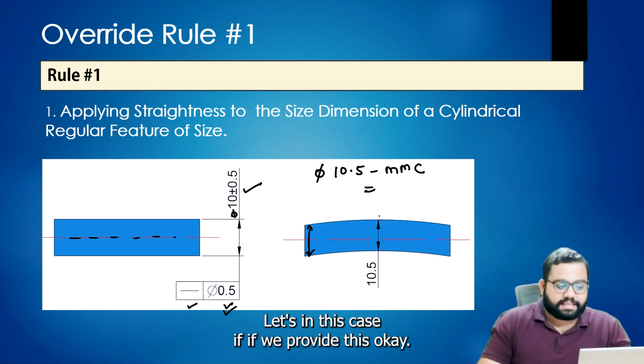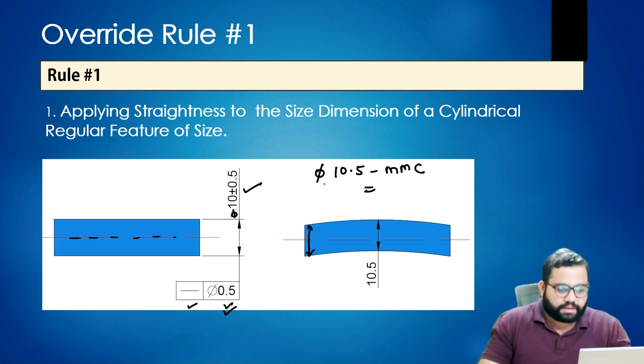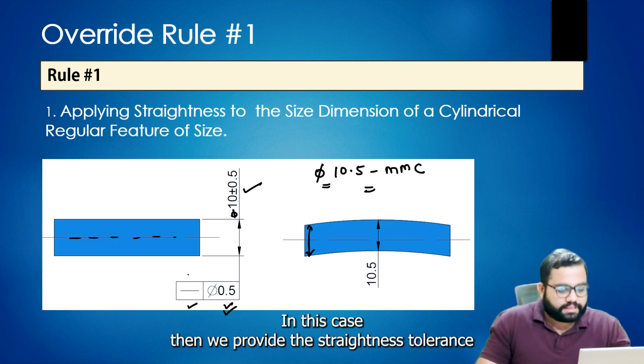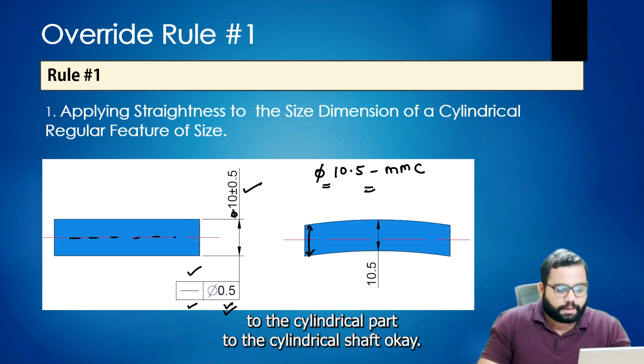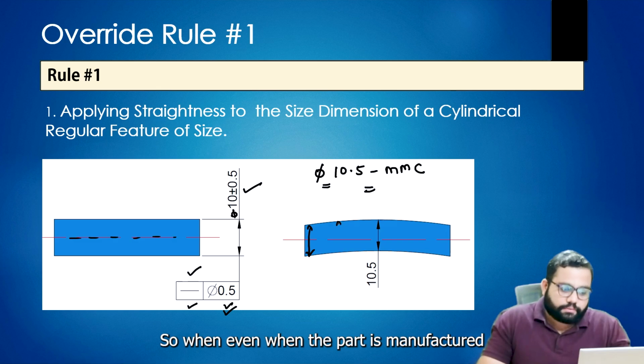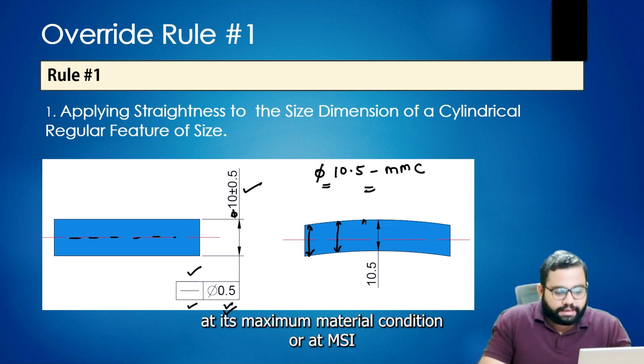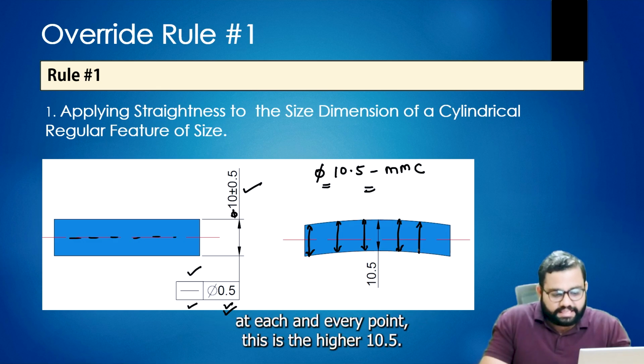In this case, when we provide the straightness tolerance to this cylindrical shaft, when the part is manufactured at its maximum material condition, or at MMC, at each and every point this is dia 10.5.